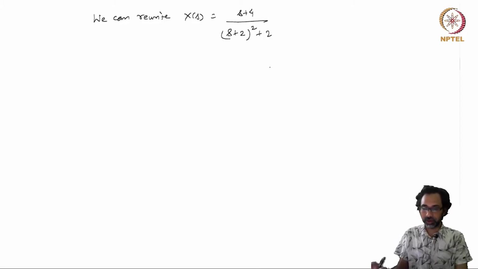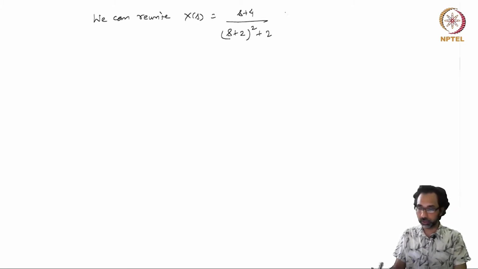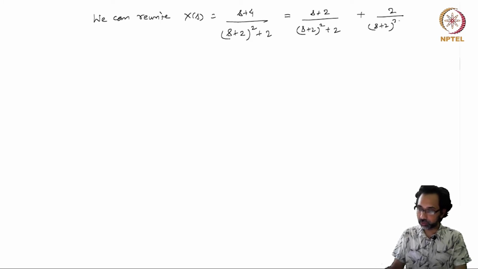And so in fact it turns out that there is no need to use partial fractions, because this is easily computable. The inverse Laplace transform can be easily computed by simply writing this as (s plus 2) over (s plus 2) whole squared plus 2, and the second term is simply 2 over (s plus 2) whole squared plus 2.